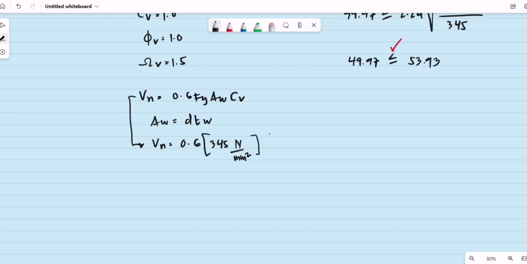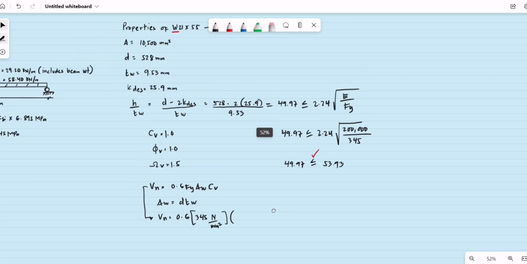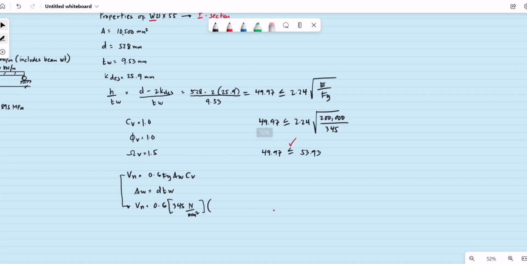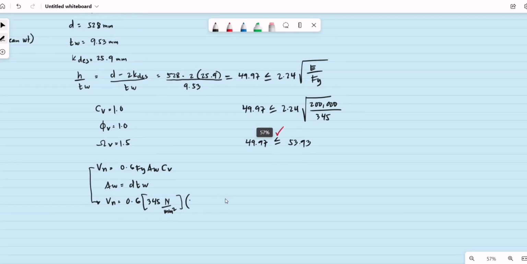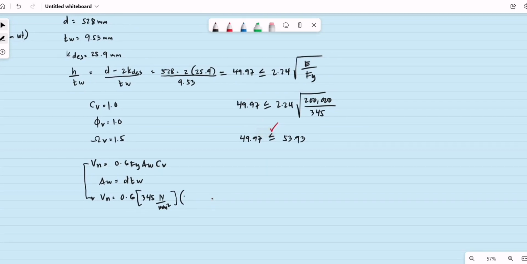Then to be multiplied by our A sub W, again from the properties of the W21 by 55, the total depth is equal to 528 millimeters and thickness of the web is 9.53. So to be multiplied by 528 mm, then multiplied by 9.53 millimeters. Then we are to use C sub B as simply equal to 1.0.